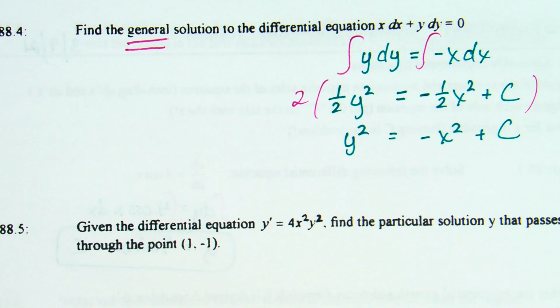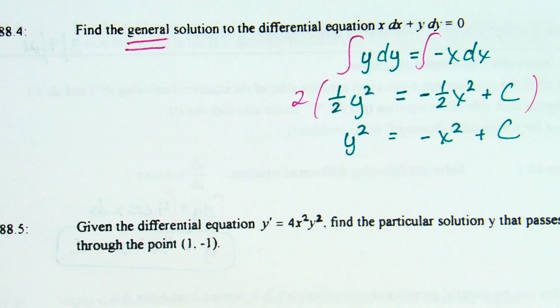Okay, if we are strictly saying we're going to solve for y, take the square root of both sides, and then officially we would say y is equal to plus or minus the square root of negative x squared plus some number, right? Now, the comment up front was solve for y if possible, or maybe I shouldn't say if possible, but if it makes sense to. If we do something different here, do you recognize a certain equation?